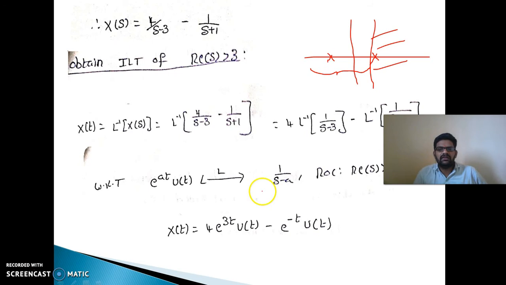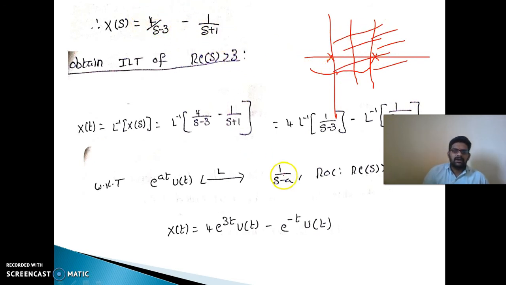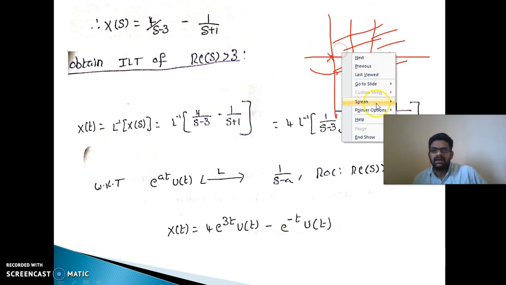If the question is asked like this, what is the inverse Laplace transform with ROC greater than -1, then this function may not be obtained. The answer is only minus e^(-t) u(t), because the ROC does not contain the pole at 3. So we have to omit that function and write only this answer. Okay, clear? Next.